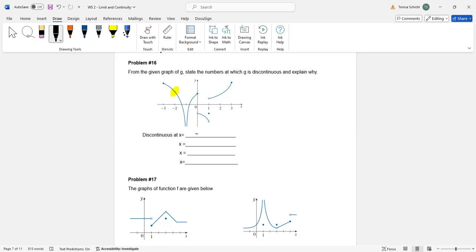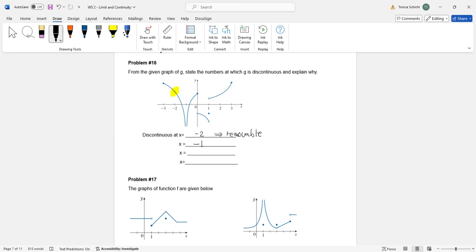So this is -2. What type of discontinuity is here? This is what we call removable, because if I redefine f of x equal to -2, then I redefine this value and can make it continuous.